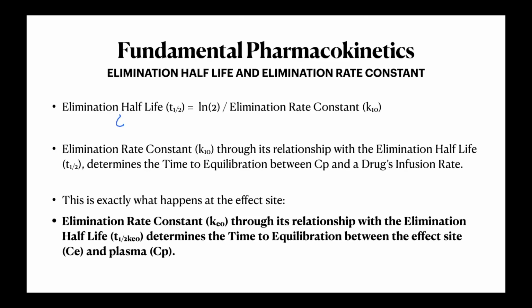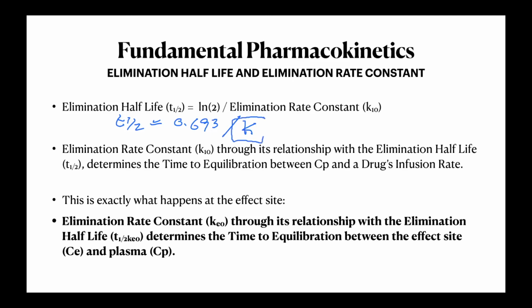So this relationship here, T half equals 0.693 divided by K. In other words, we know that the elimination half-life determines the time for plasma concentration to reach steady state. And we also know that the elimination rate constant, through its relationship with the elimination half-life, is how it determines the time to equilibration between plasma concentration and a drug's infusion rate.